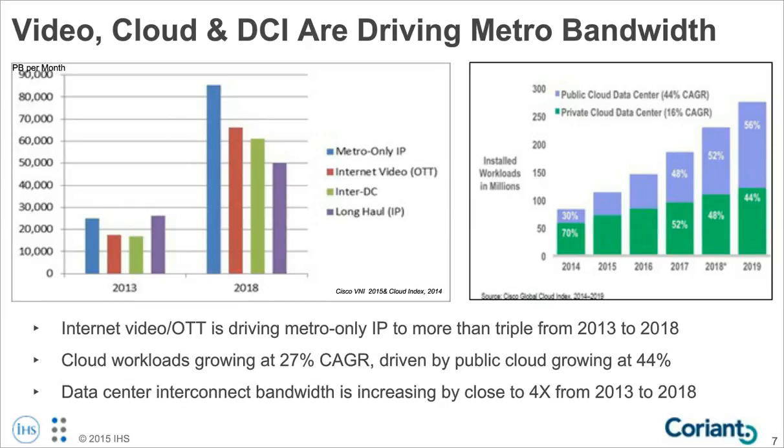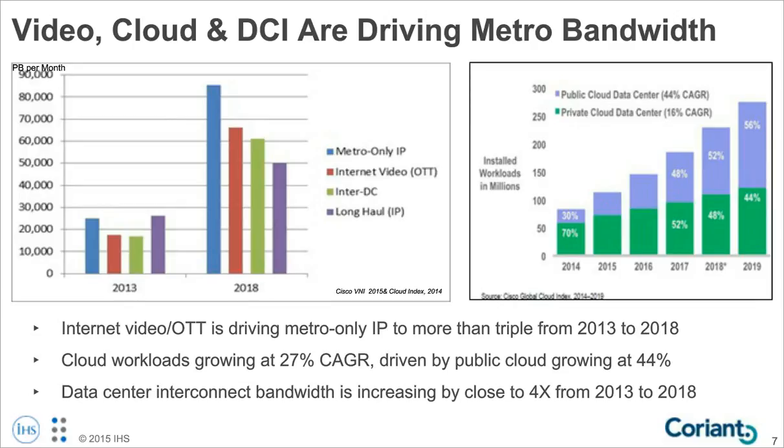Okay, so we're seeing tremendous growth in metro bandwidth and traffic, and this is primarily being driven by three key applications. The first application is internet video, or over-the-top video, and this is driving significant growth in the IP traffic that stays within the metro, from the network to users and between users, and this is forecast to triple between 2013 and 2018.